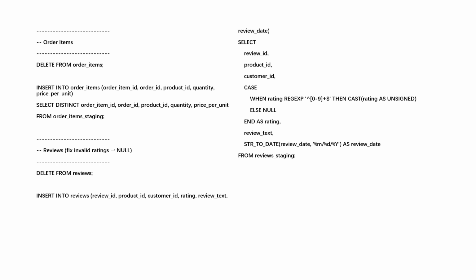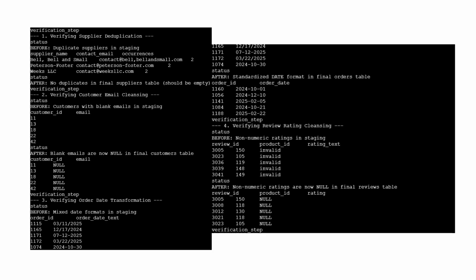Invalid ratings in the reviews table are turned into null values, and the dates are corrected using the same method as the ones in orders. The following screenshots show how the wrongly formatted data in previous tables is turned into correct formats after the transformation.